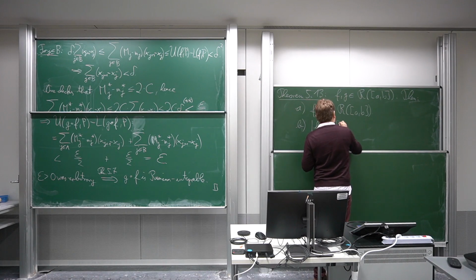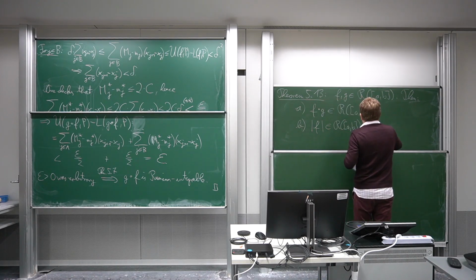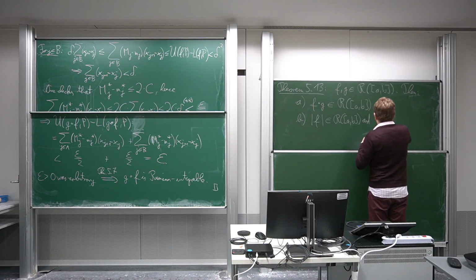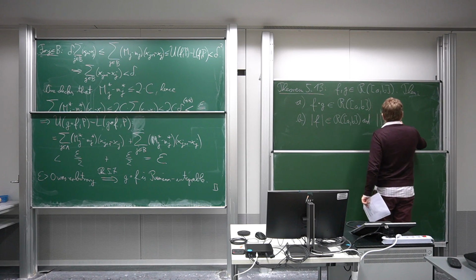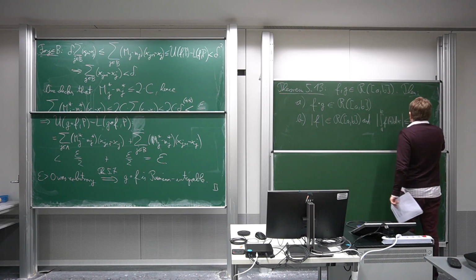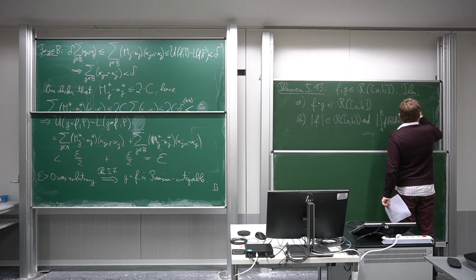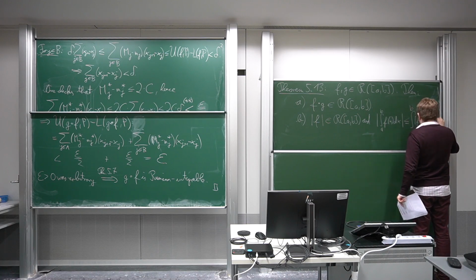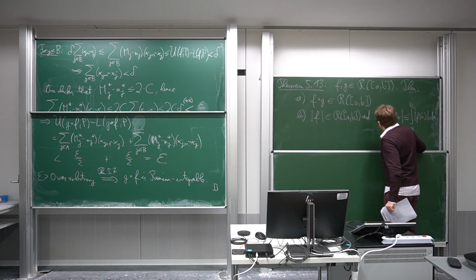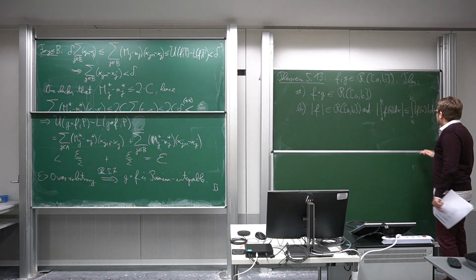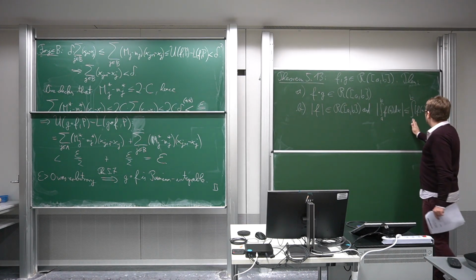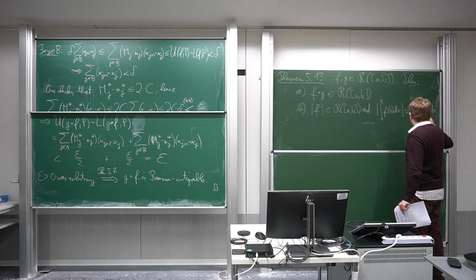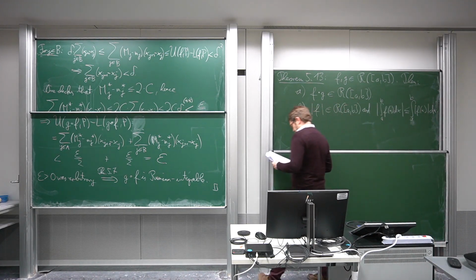The absolute value is in the class of Riemann-integrable functions, and there holds a nice inequality: the absolute value of the integral of f is smaller than or equal to the integral over the absolute value of f. This inequality is sometimes called the triangle inequality for the integral. If you read about the triangle inequality for integrals, it's usually this inequality that's considered.